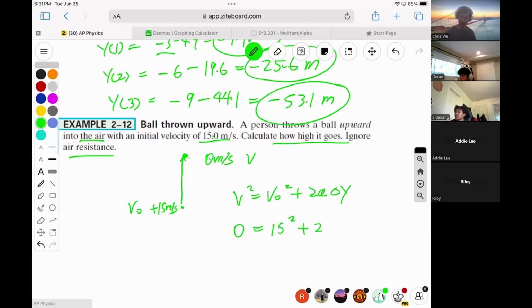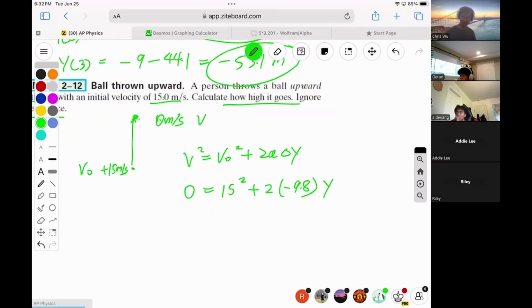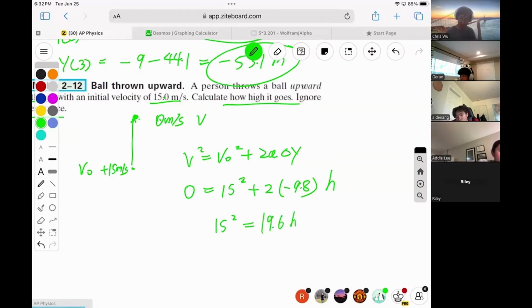What's my acceleration? Downward 9.8, right? And then delta y is how high it goes, so I might as well label it height. So 15 squared is equal to 19.6 times H, and H is going to be 15 squared divided by 19.6.